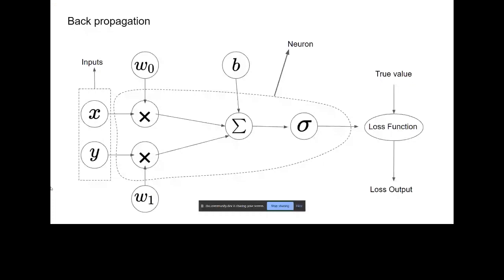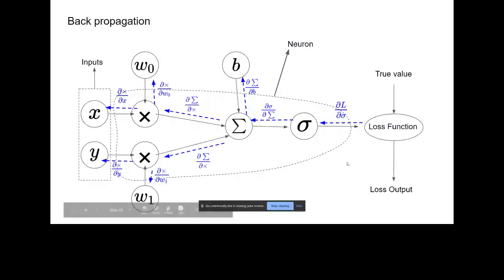So if I want to find out the paths that go from this loss function to b, there's only one path that does so. So I just multiply the gradients along this path, and that gives me the gradient of the loss function with respect to bias. Similarly, I can find out the gradient of the loss function with respect to W0 and W1, and there's only one path that does so. I just have to go like this and come here.